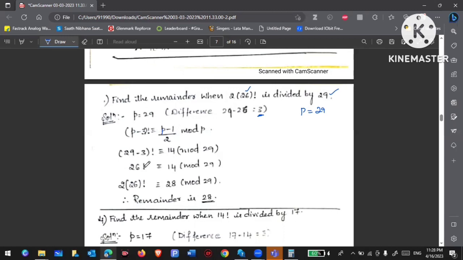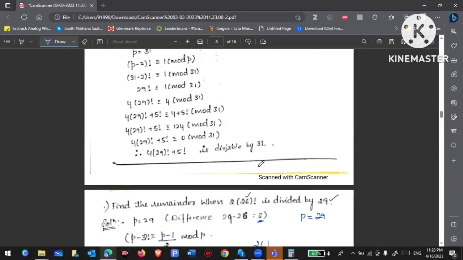Only if they had asked to find the remainder of 26 factorial, we could have said it is 14. But they have asked 2 of 26 factorial. So what do we do? We will multiply by 2 throughout. So 2 of 26 factorial is congruent to 14 into 2, which is 28, mod 29. Therefore, the remainder is 28.